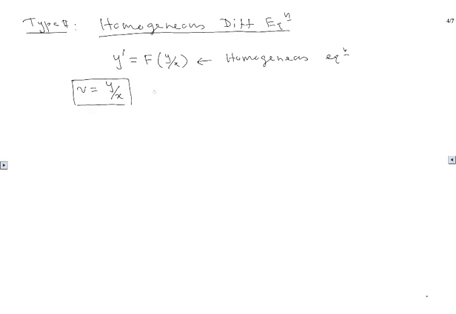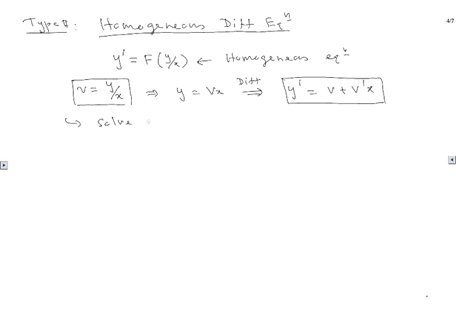And then this says that y equal vx. It's always the same substitution. And then we differentiate, and you're going to see that y prime equal v plus v prime x, and then we can substitute that into the equation and simplify. After we do that, the goal is to solve for v and then solve for y.